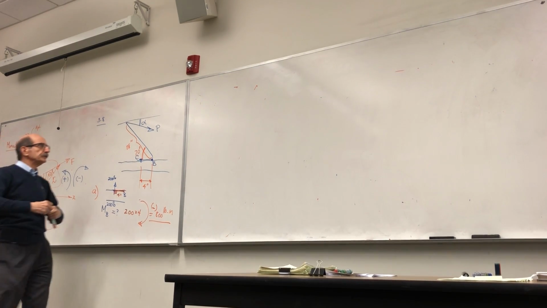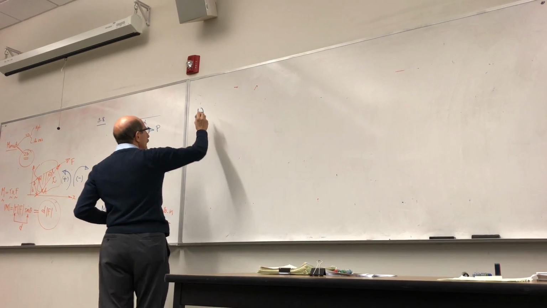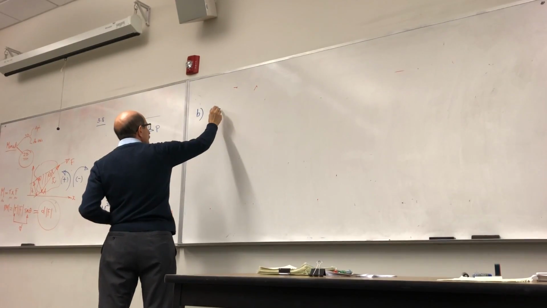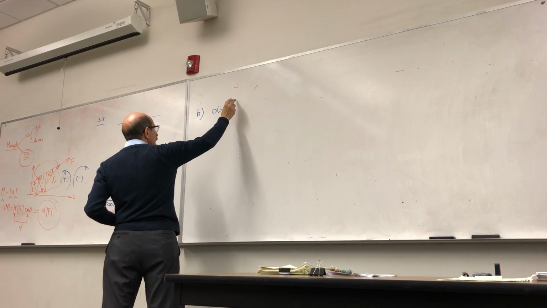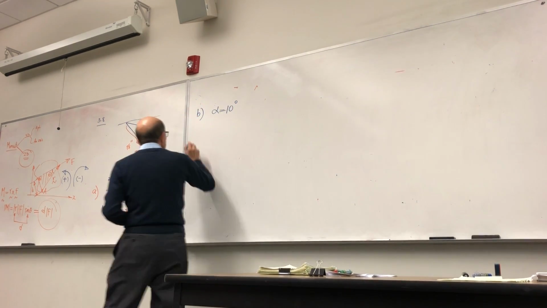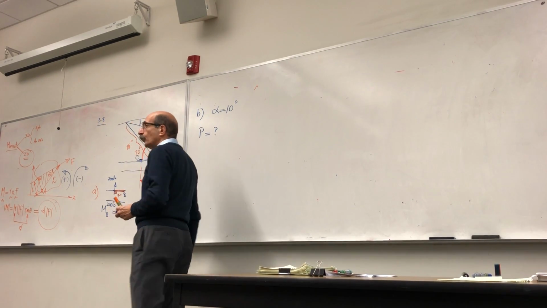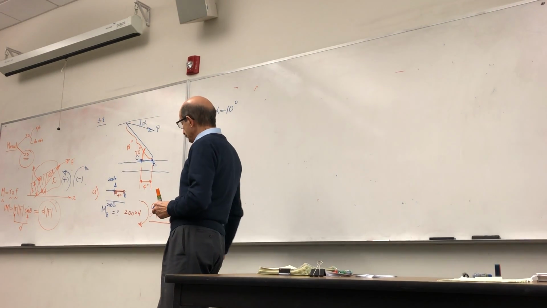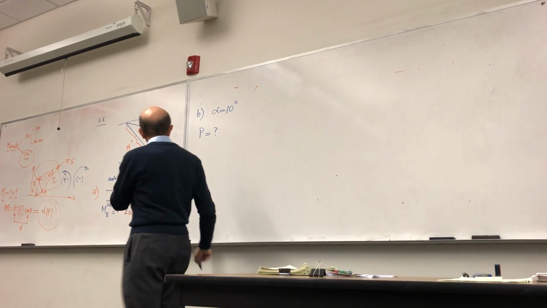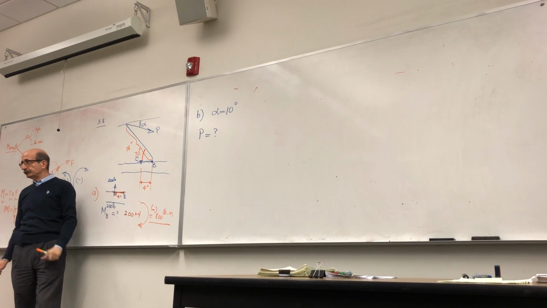In part B of the problem, it states that if that alpha is given as 10 degrees, how much should be the magnitude of the applied force that would generate the same moment about point B?